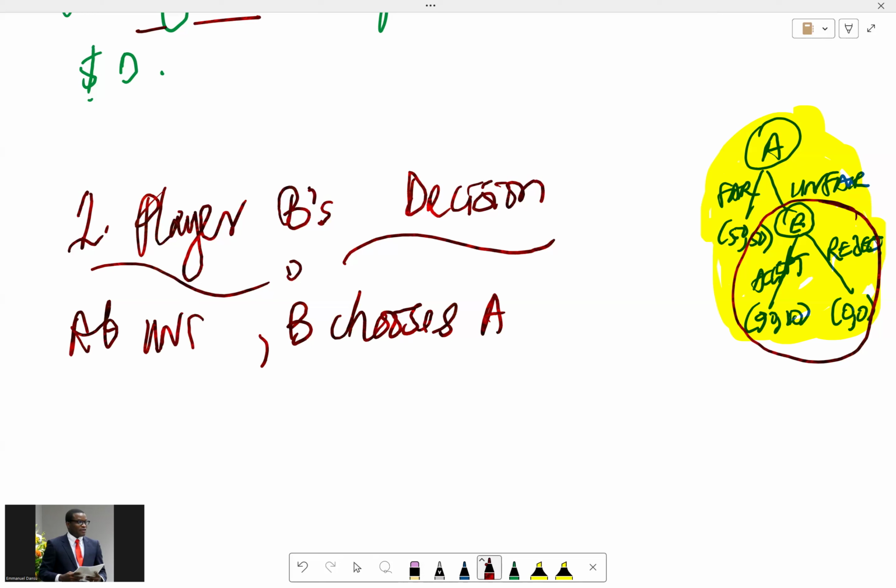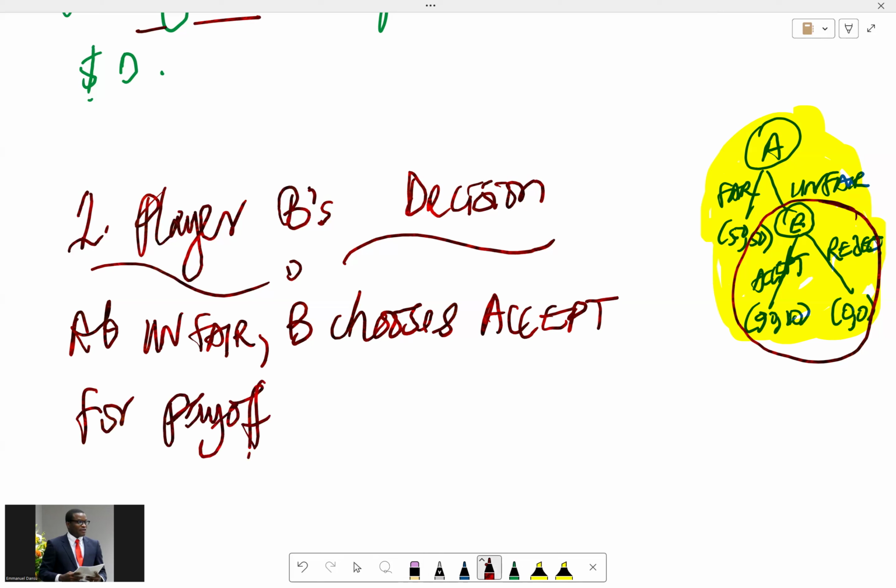If A is unfair, B chooses accept. B would rather accept $10 than go home with zero. That's the first thing, the payoff of $10 over $0. That is commonsensical. So that's us starting from the end.